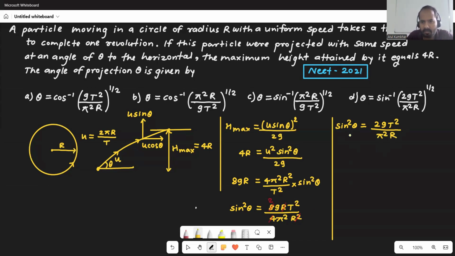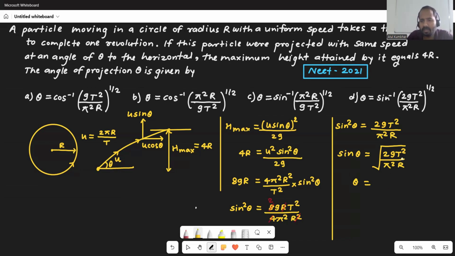If you take the square root of both sides, the square and square root cancel, and sine theta will be root of 2g t square divided by pi square r. You could leave the square root as well, since you can see the options.